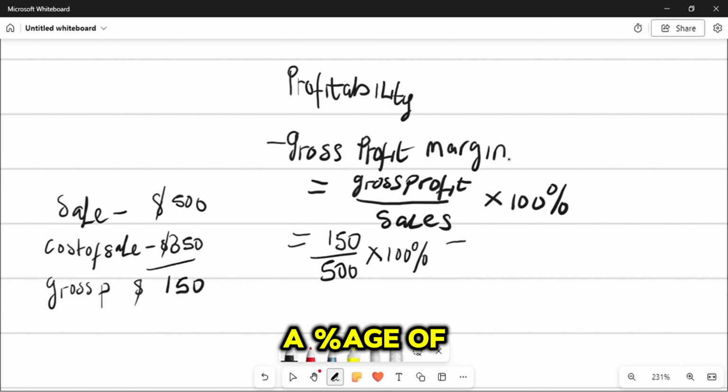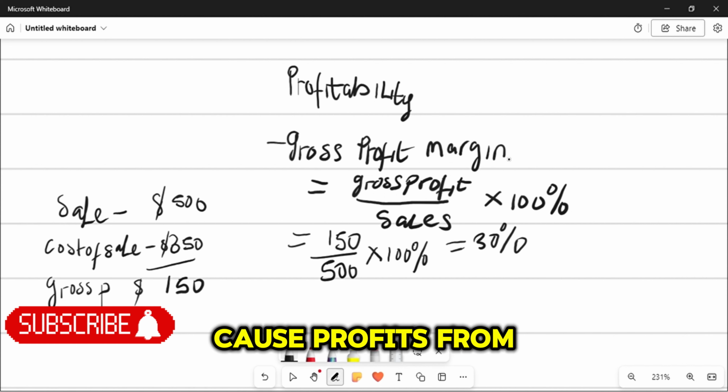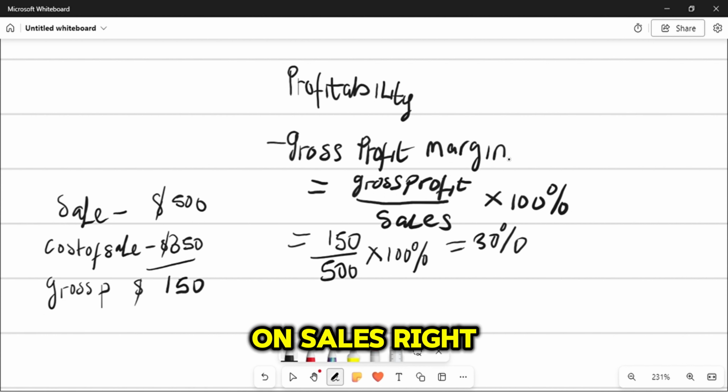And this gives a percentage of 30. So this is 30%. This basically means that the company made 30% gross profit from these sales. So 30% profit on sales, right? From 500 sales, there was 30% profit on these sales.